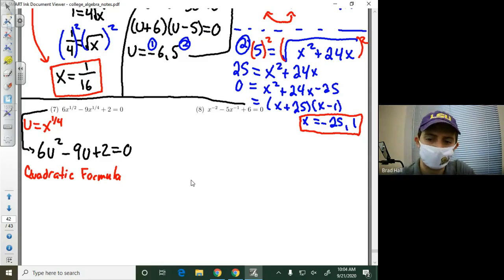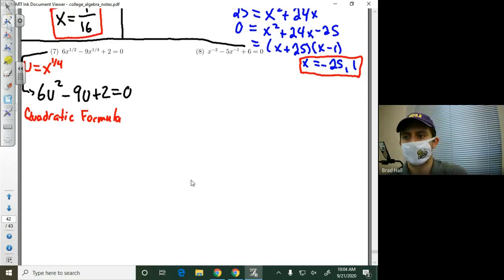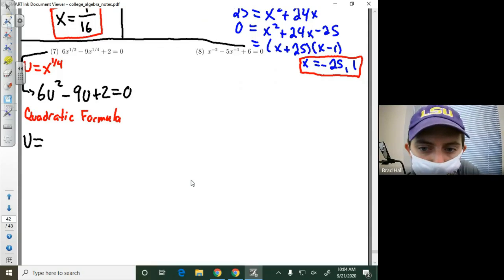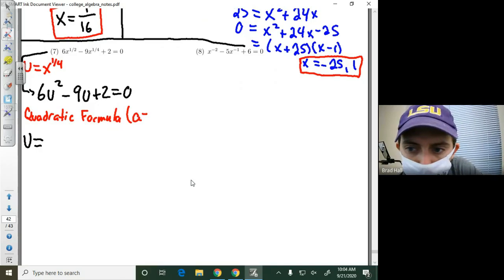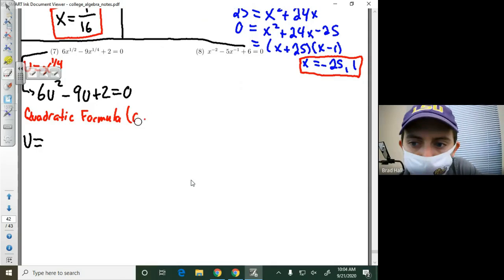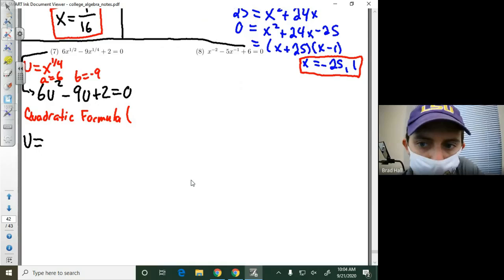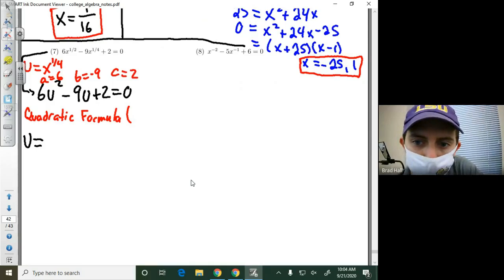So the quadratic formula tells us that u, not x, but u, is equal to, and just as a reminder, A is 6, B is -9, C is 2.